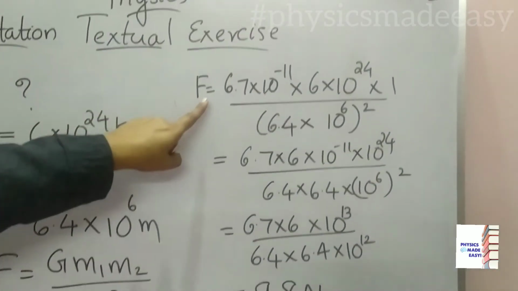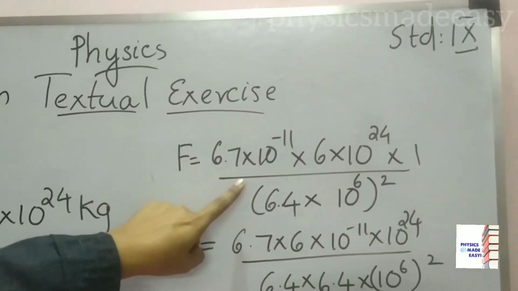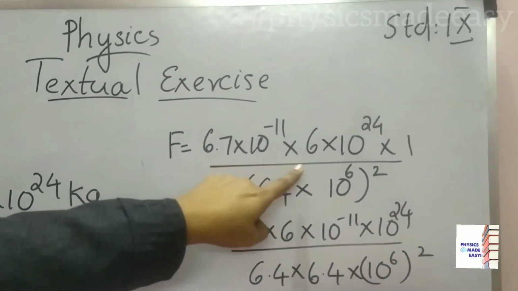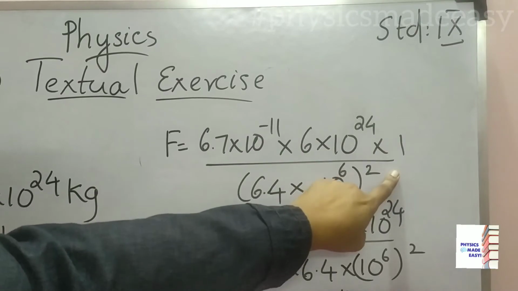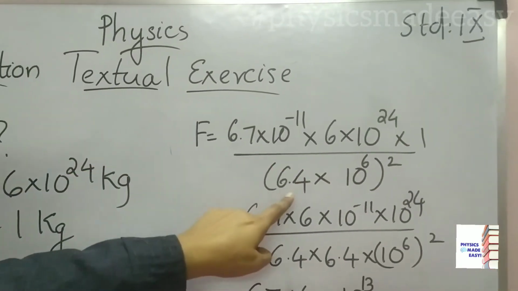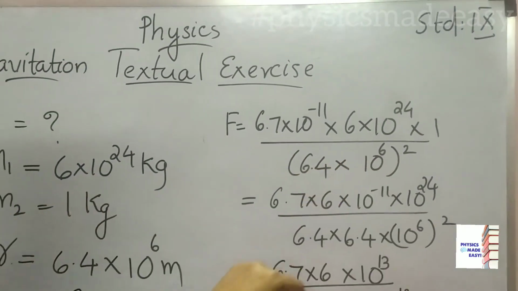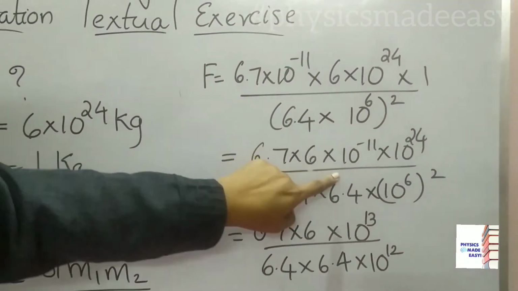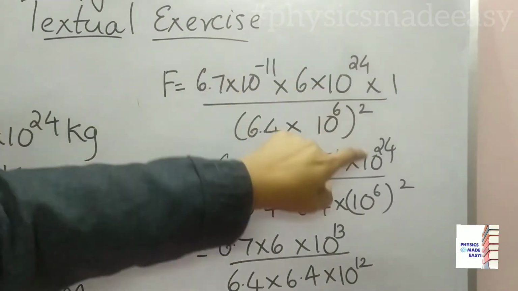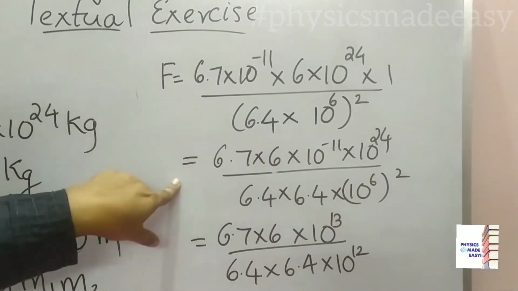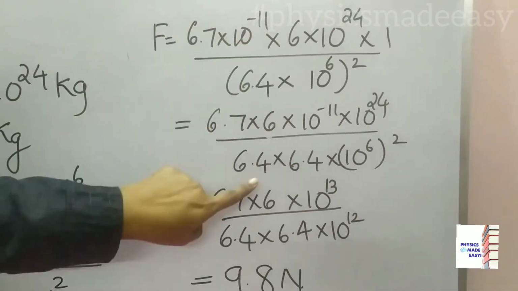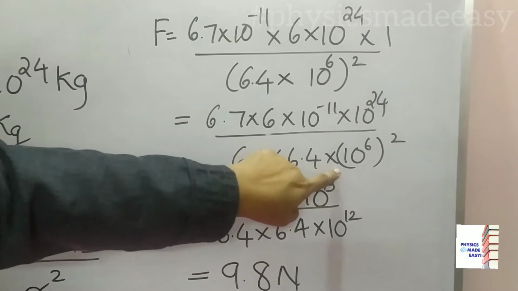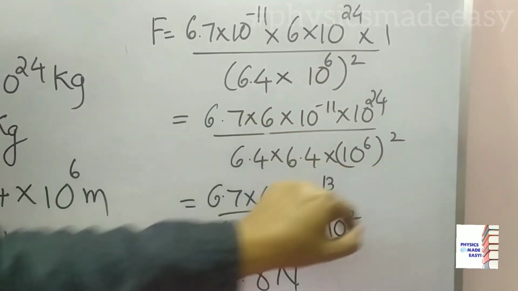Listen, F is equal to 6.7 into 10 raised to minus 11 into 6 into 10 raised to 24 into 1 whole divided by (6.4 into 10 raised to 6) the whole square. Here you can see 6.7 into 6, into 10 raised to minus 11 into 10 raised to 24, whole divided by 6.4 into 6.4 into 10 raised to 6 the whole square.